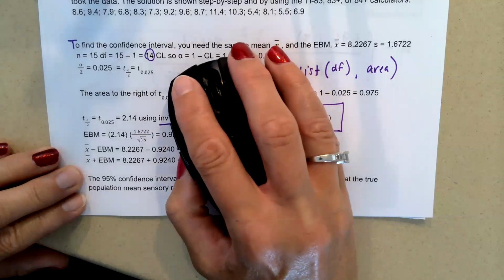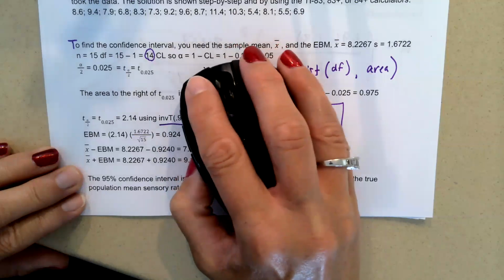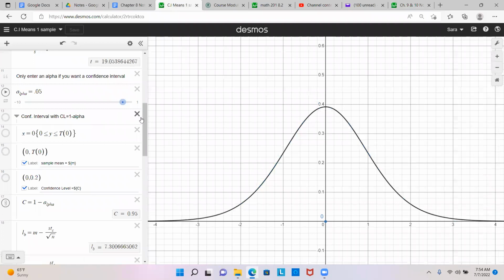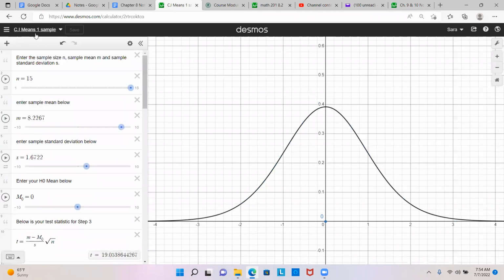Now, you can also use Desmos. I made a link in Canvas. It says confidence intervals for one sample. It says enter the sample size; we entered 15. Enter the sample mean, so I put that there.